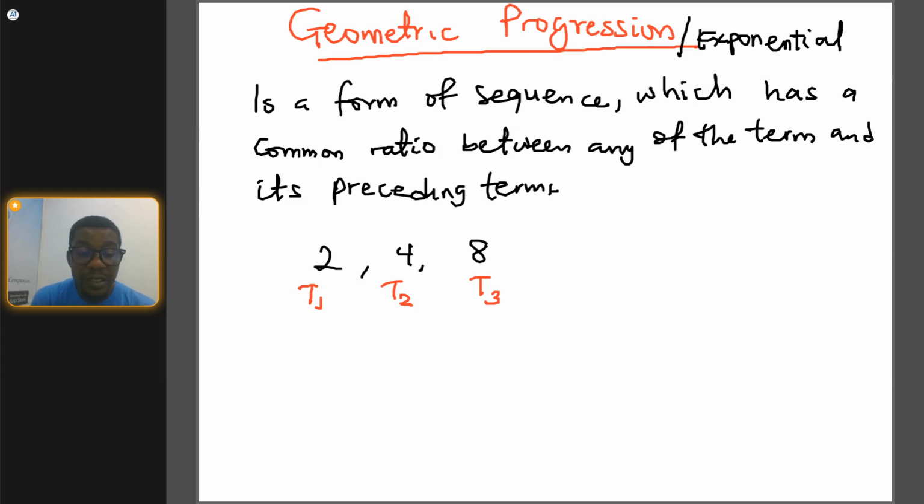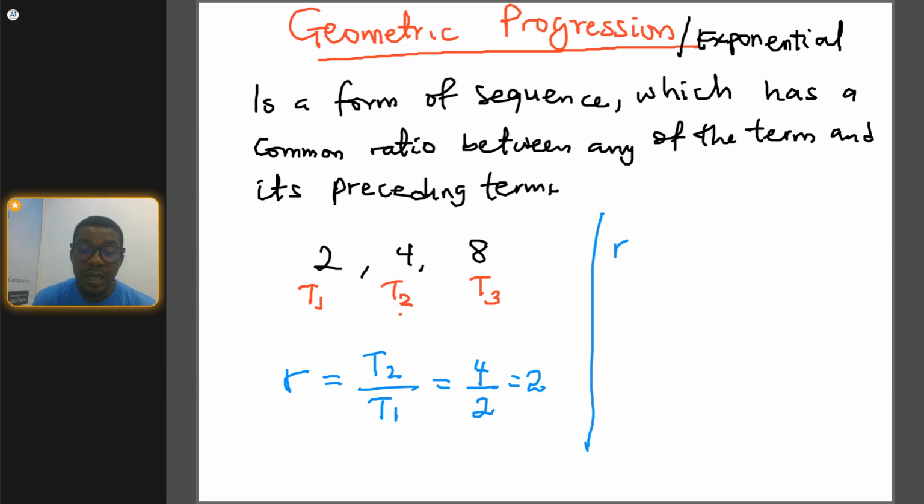So if this is T2, this is T1, let's get the common ratio, which is R. Common ratio is T2 over T1. Not T1 over T2, but T2 over T1. So T2 is 4, T1 is 2. So the answer is what? 2. Now to confirm that it is a common ratio, let's take T3 and T2.